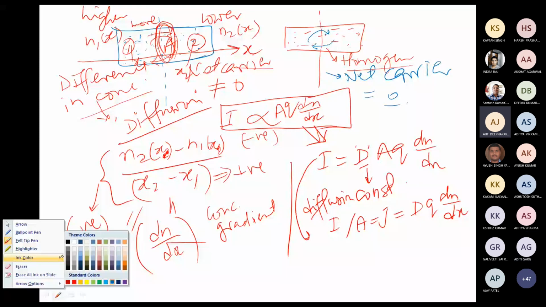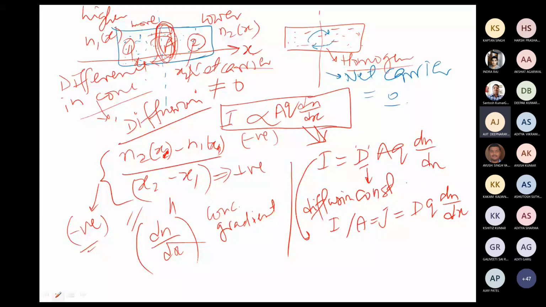Let us say that in this case the carriers are flowing from the higher concentration to the lower concentration side. So it is going from left to right, the positive x direction, say. So the current is going to be in the opposite direction, that is, in the negative direction.